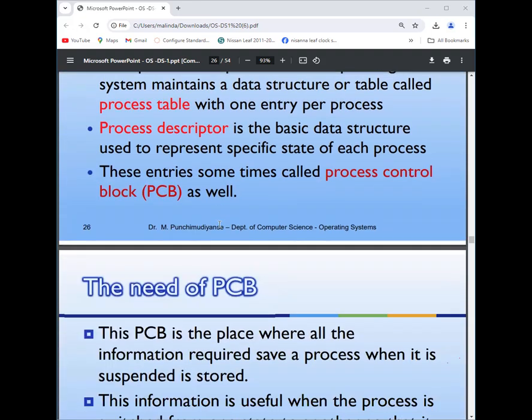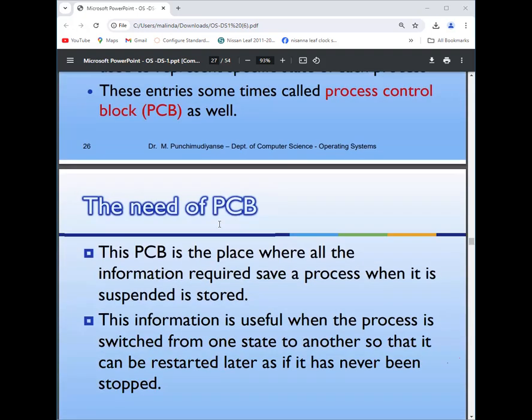This process control block contains several fields, because it is the place where all the information required to save a process when it is suspended or stored is kept. That means if you have the state written there, then you can just take that process out of the CPU and keep it somewhere until it gets the CPU time.